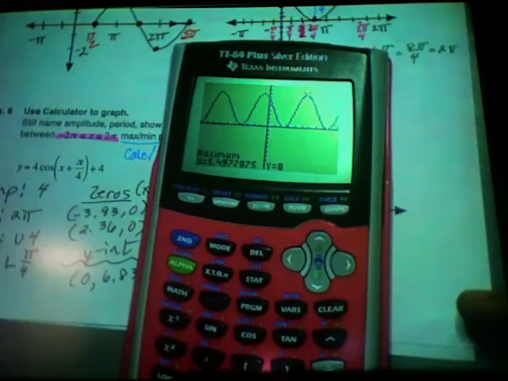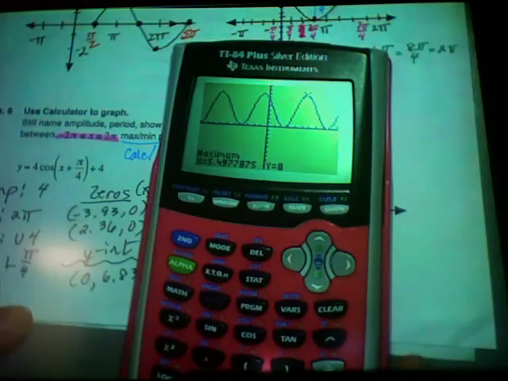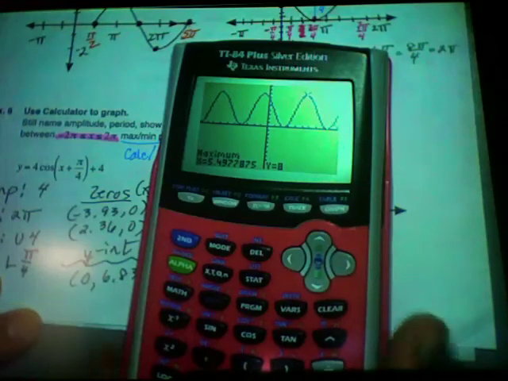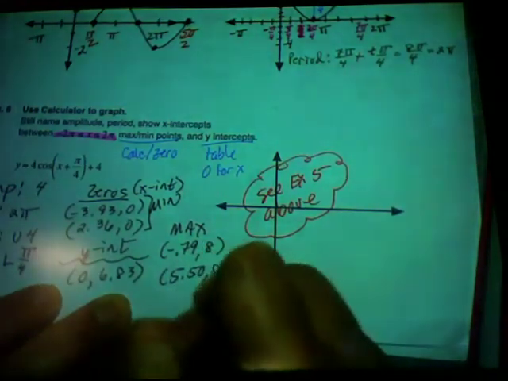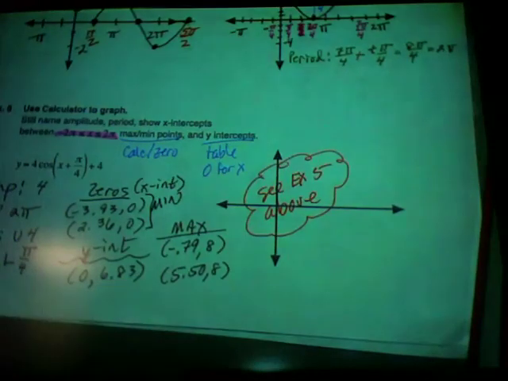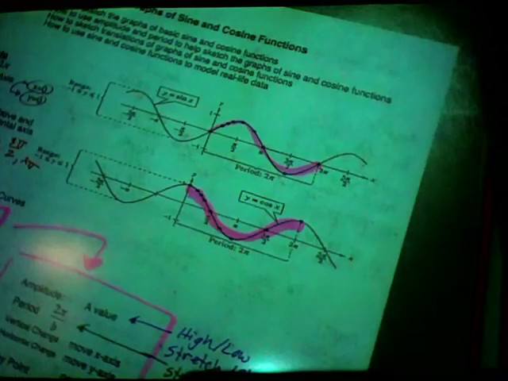So write that ordered pair, positive 5 point, what are you going to put? 5.50, comma 8. So that's it. So it's all stuff that you kind of knew before, right? All right, so I'm not going to show you my last example, only if I have time today. So that's enough for 4-5.